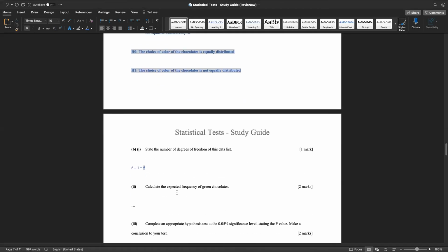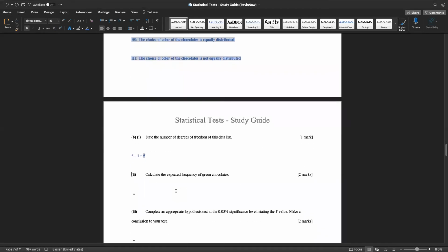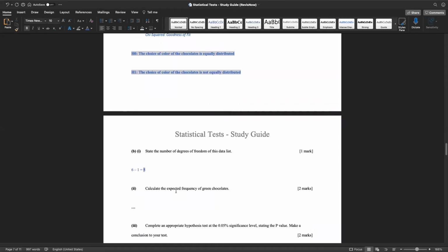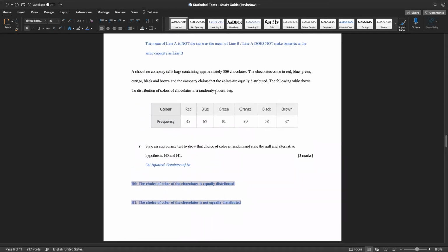Okay, and then calculate the expected frequency of green chocolates. Since the company claims that the colors are equally distributed, that means there's going to be an equal amount of chocolates for each color.